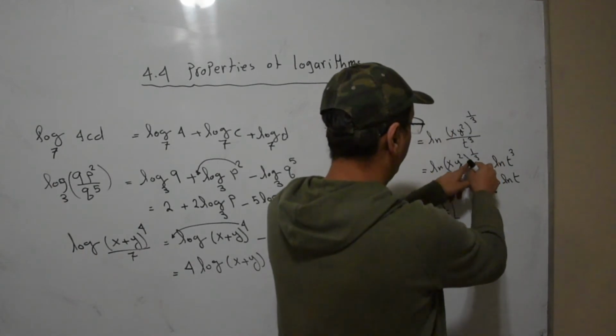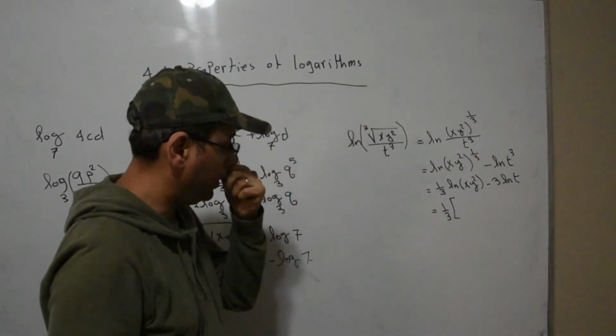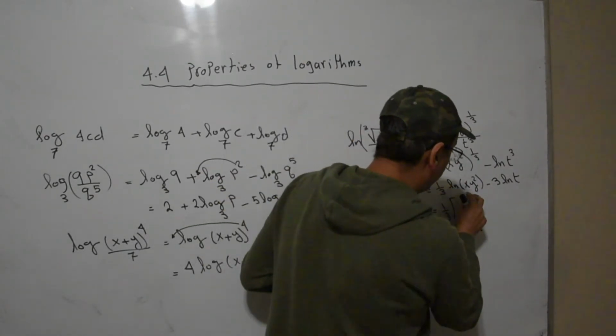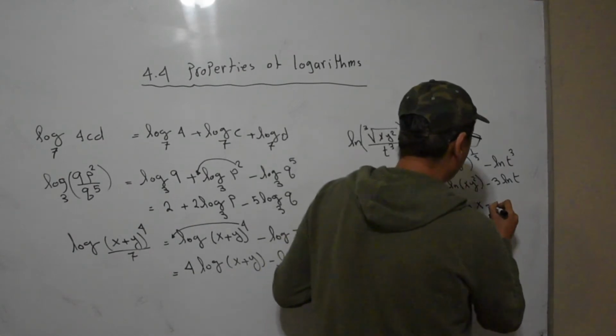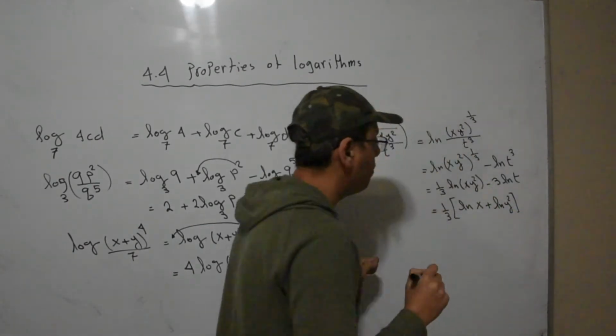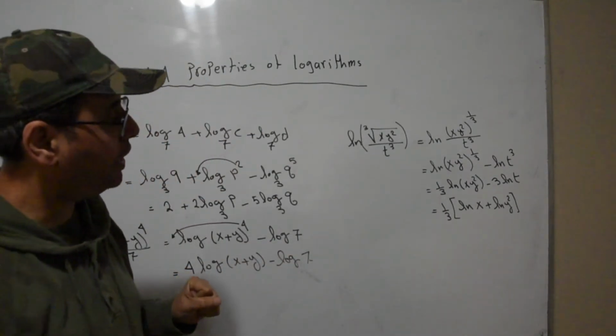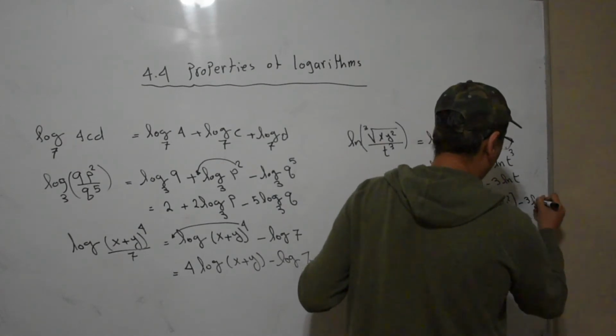You see where the 1/3 goes to all this argument. Okay, and then I am going to break this to natural log of x plus the natural log of y squared. Okay, and now minus, same thing, 3 natural log of t.